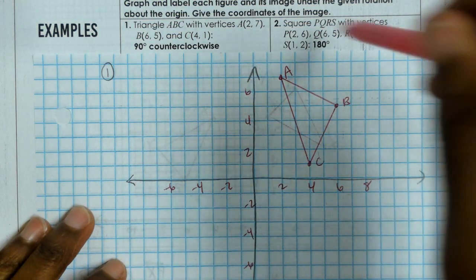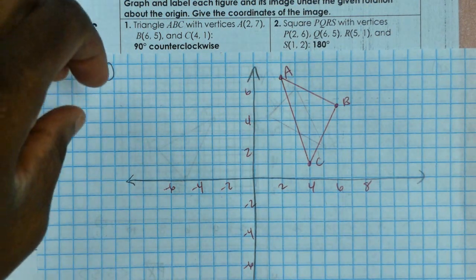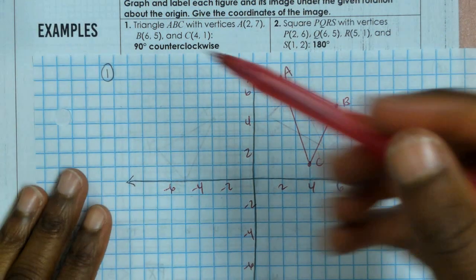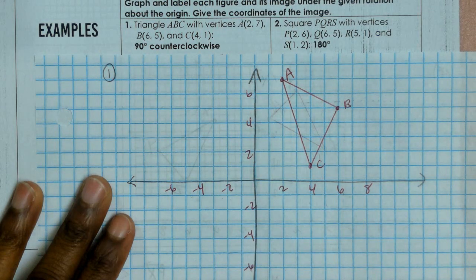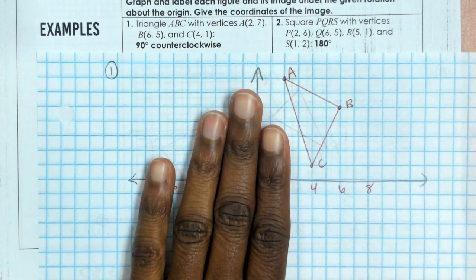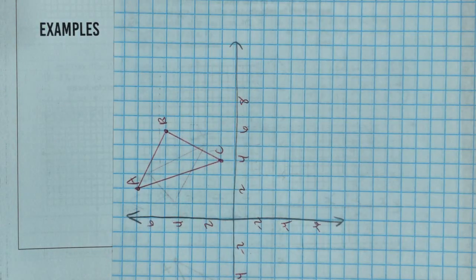Counterclockwise would be doing the opposite. So we want to go 90 degrees counterclockwise, so we take our paper, which has 90 degree angles on it, and rotate it so that the vertical side is now the horizontal side. I turn it 90 degrees, one time to the left.